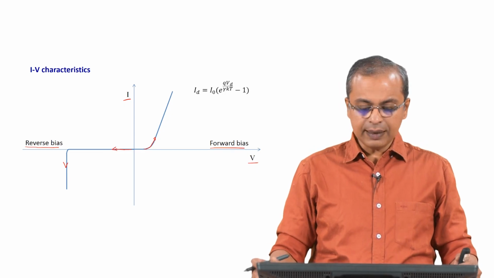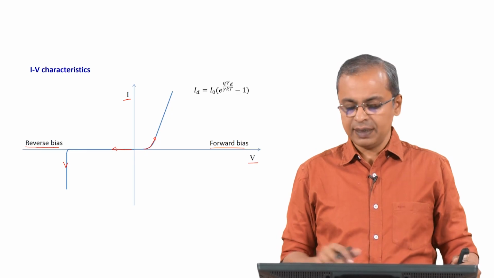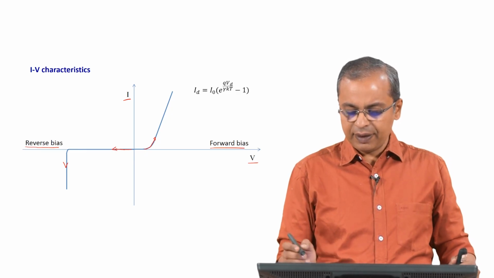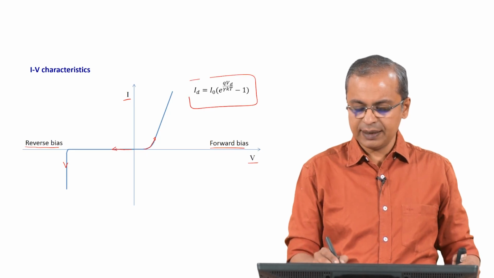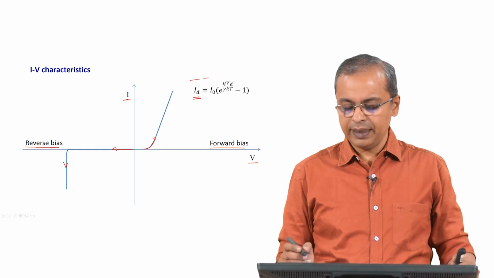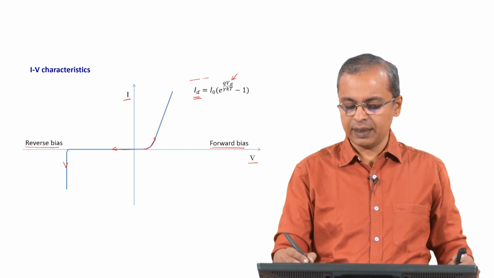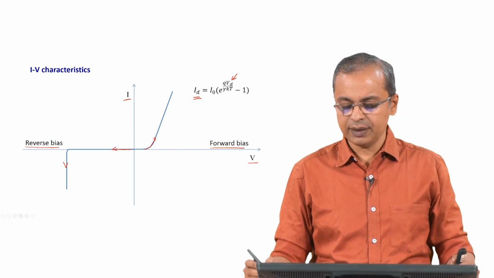For the purpose of this class, we are going to look at some equations, and the main thing that we need to look at here is this equation that you see up here, which relates the diode current I_D to the diode voltage that is shown here. Okay. So, diode current to the diode voltage is the relationship.